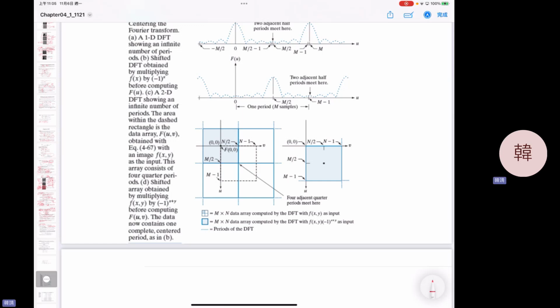F(u,v) is the transform of f(x,y). And F(0,0), the zero location in the frequency domain, is the DC value. What's the DC value? It is the sum of f(x,y) divided by N. So the DC value is the average value of your image.